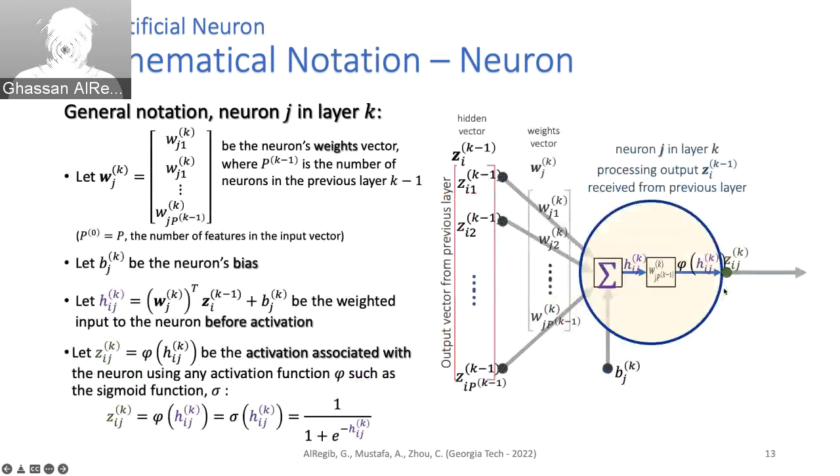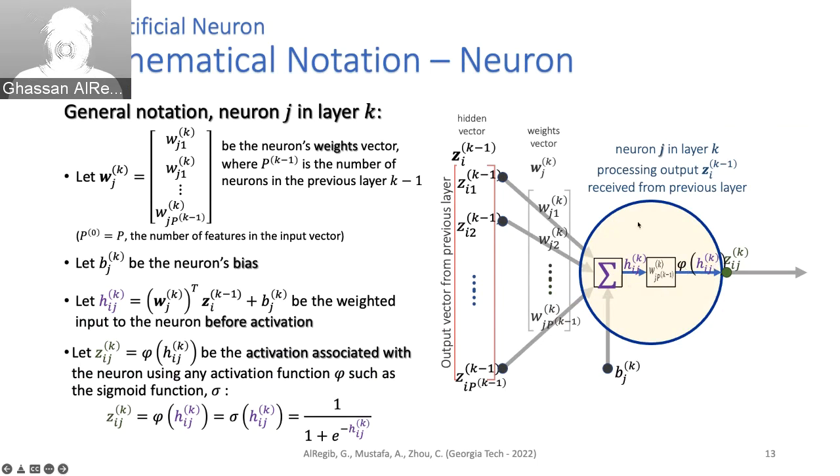Okay. Now, let's move a little bit to the hidden layer and say what happens if we are in the hidden layer. That means I have an input, but that input is not really the input data set. It's not x_i. What we have in here are the outputs from the previous layer, right? This neuron again has the same components: it has the sum, the activation function, and the output.